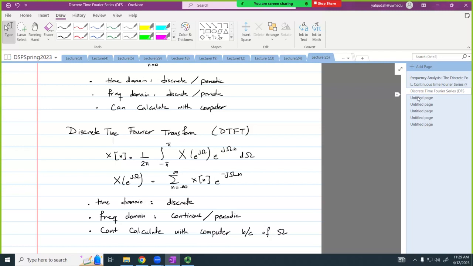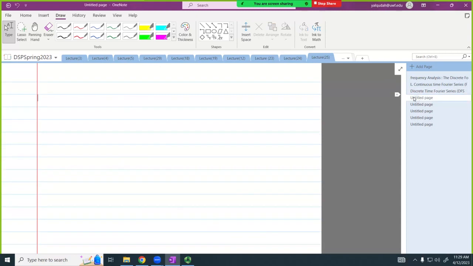That new transform is called the discrete Fourier transform, and the next topic is the discrete Fourier transform and the inverse discrete Fourier transform.